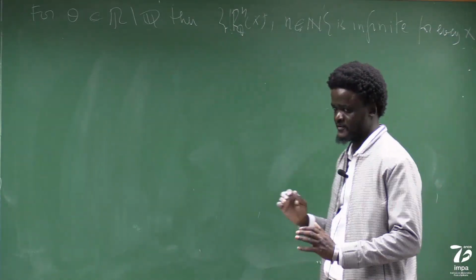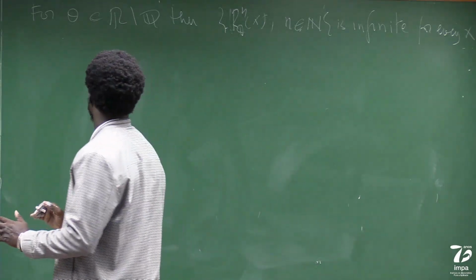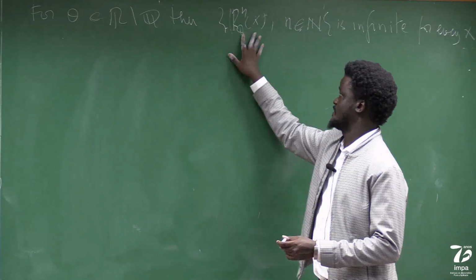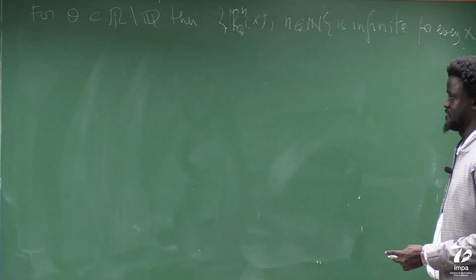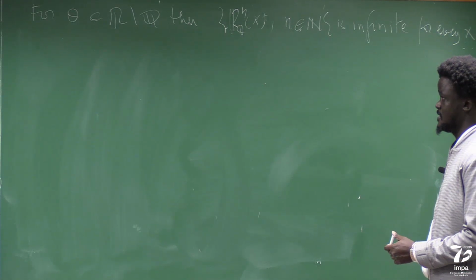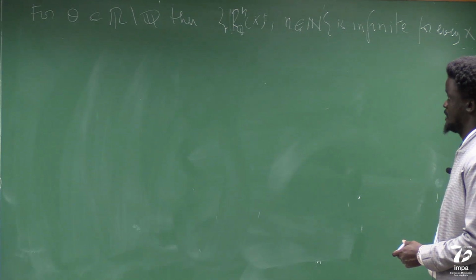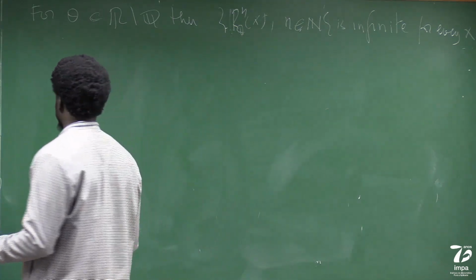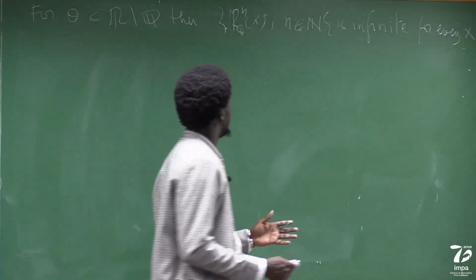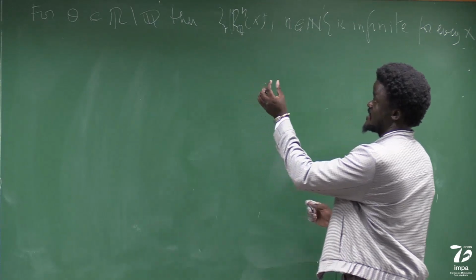Every orbit is infinite. Again, if this orbit is finite, that means that you are stopping somewhere. You are periodic.